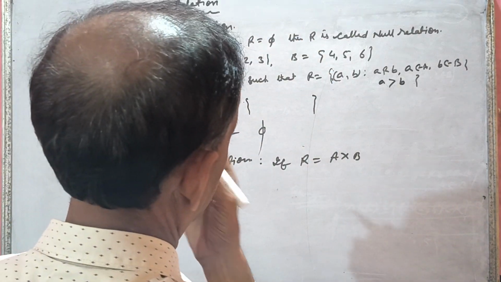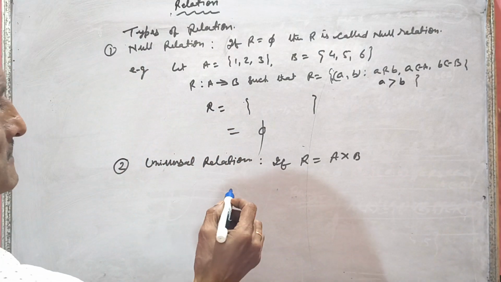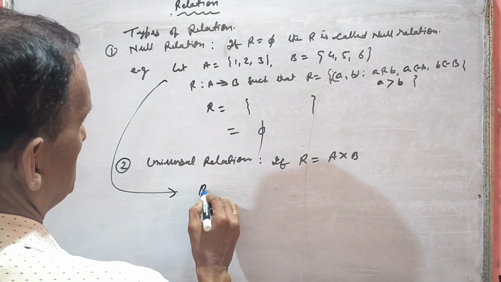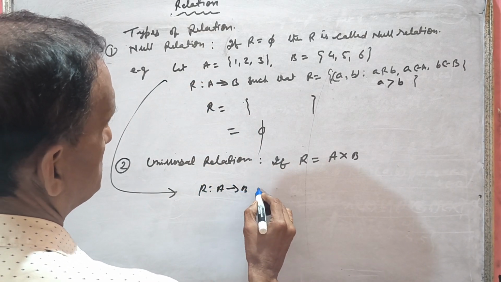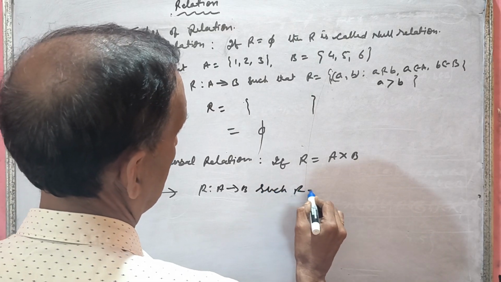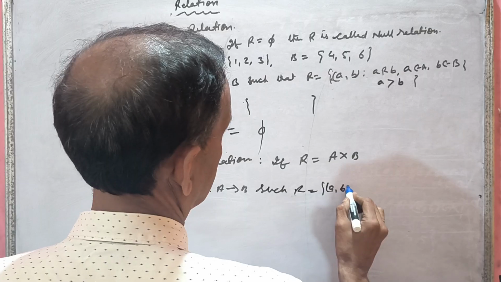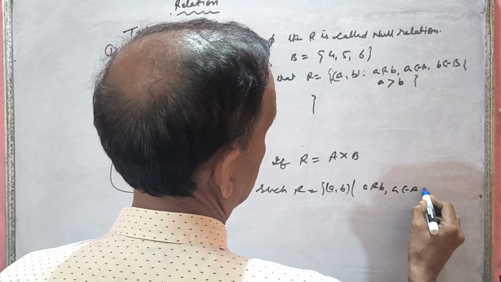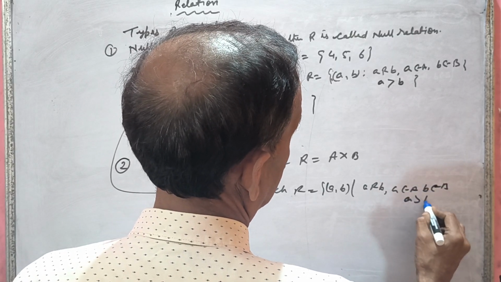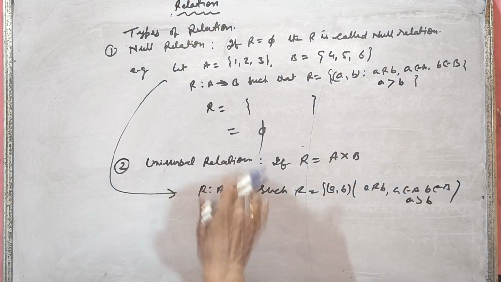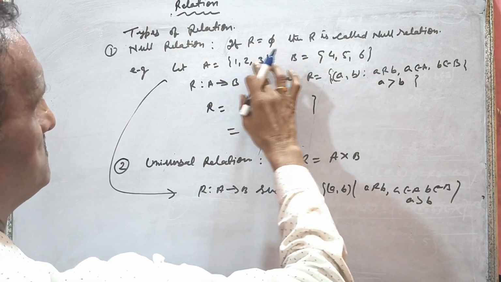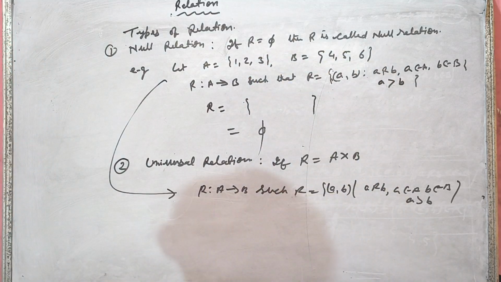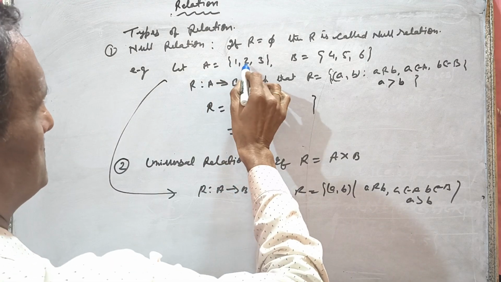See this example only. Another example I have to write now. In this particular example, if R is a relation from A to B such that R equals {(a, b) : a belongs to A, b belongs to B, a is less than b}, then you can have ordered pairs (1,4), (1,5), (1,6), (2,4), (2,5), (2,6), (3,4), (3,5), (3,6), and A cross B we will get 3 into 3, 9.